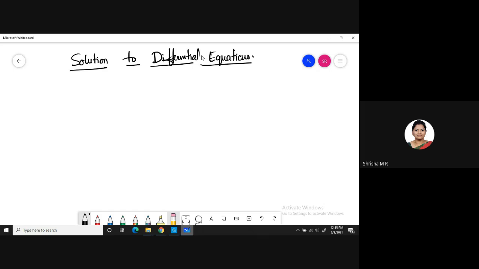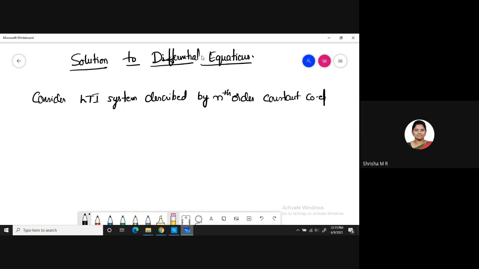Consider an LTI system described by nth order constant coefficient differential equations with a single input x of t.